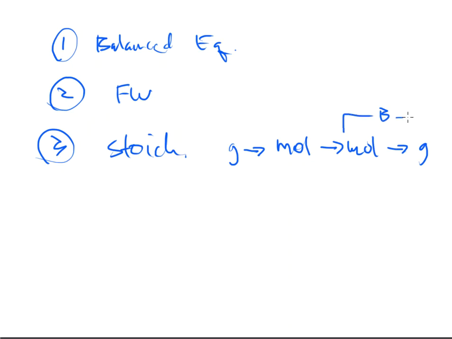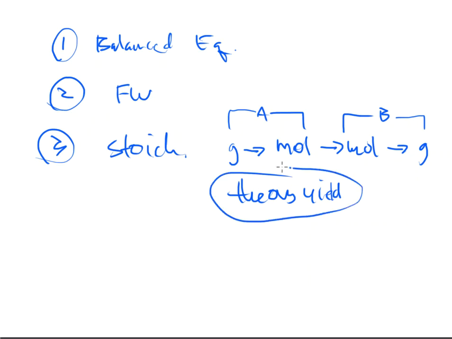So this is of one substance and this is of the other substance. You need that connector, and mole to mole is from the balanced chemical equation. When you do this, this will be your theory yield. That is what this question wants, theory yield, almost every single time.